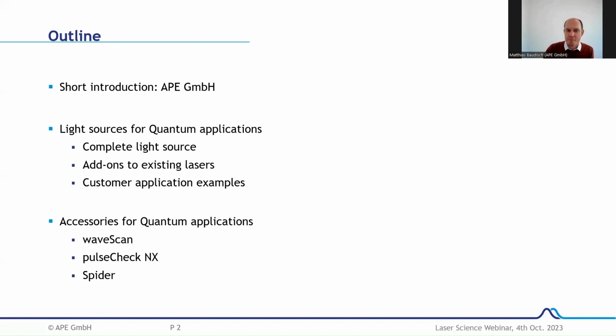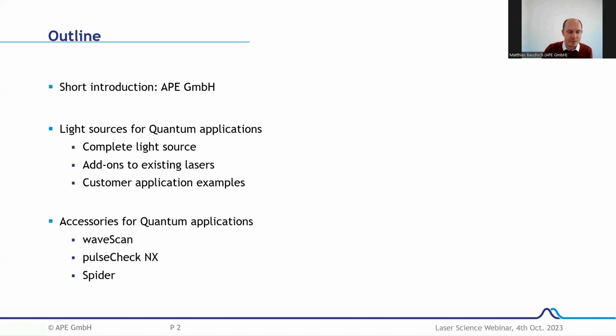Then also what can be done to improve already existing light sources in your lab to make them feasible to be used for these quantum applications, and showing various examples of what people have done with these kinds of quantum systems.